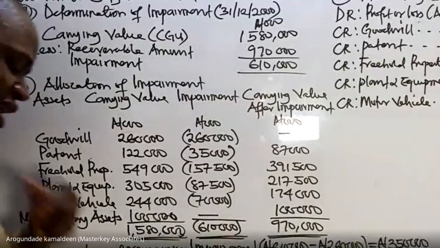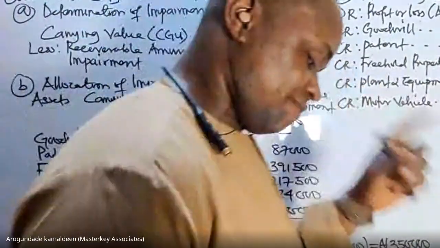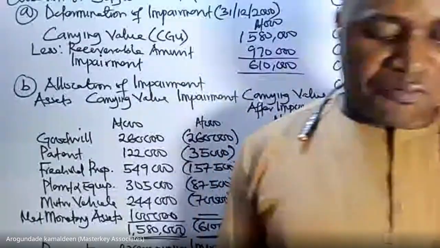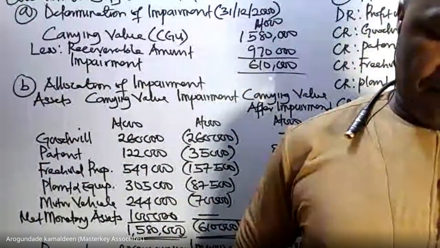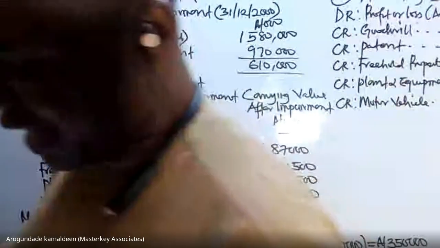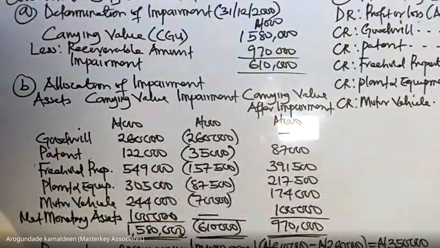Now, the operating license is for 10 years. It was renewed on the 1st of January 2000 by the Transport Authority and is stated at the cost of renewal. So it means that the operating license is at the renewal cost, which is the carrying value.